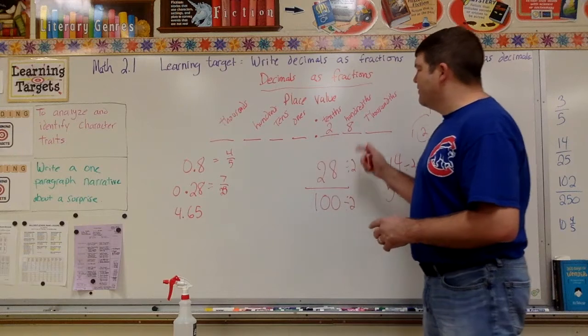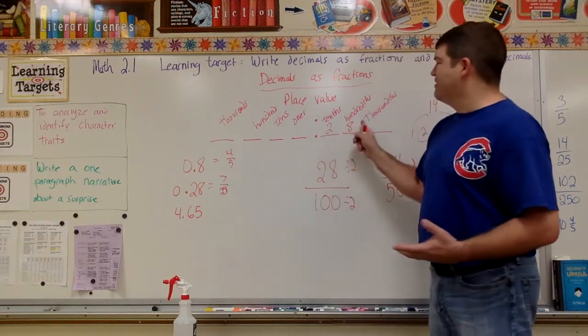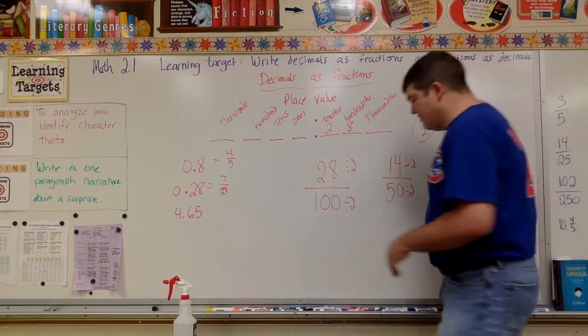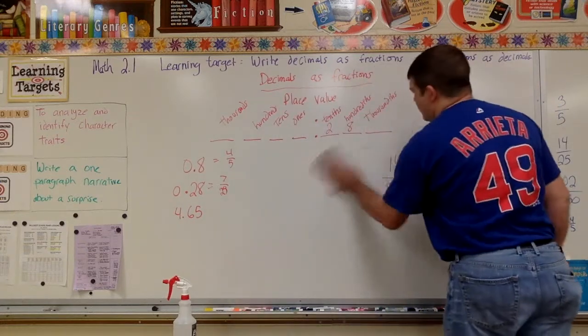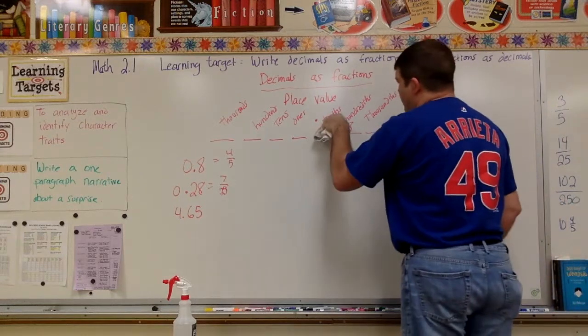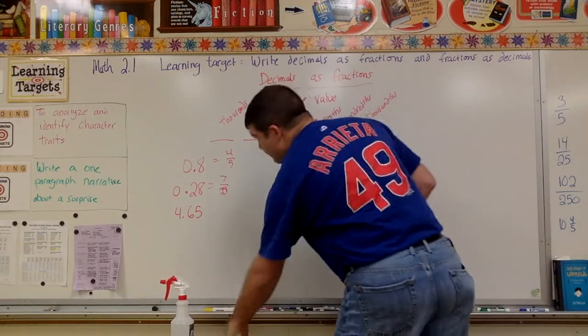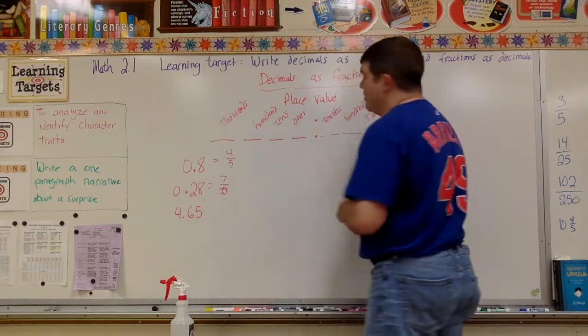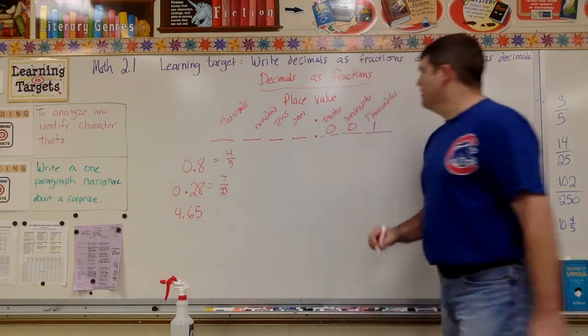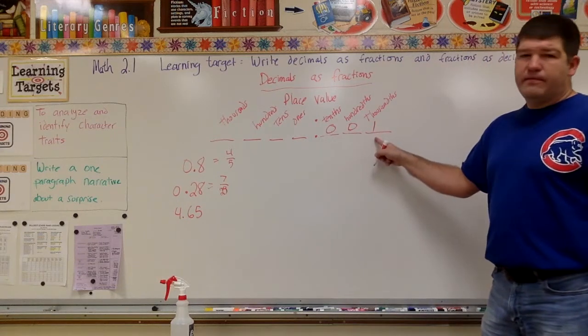So you just find the place value and you say what the last one to the right is. If it's thousandths, I don't have this one down here, but let's just do this one, and I'll make it easy so you don't have to reduce it. Okay, 0.001.